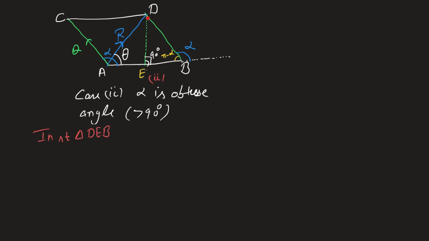So this right angle triangle DEB, this is pi minus alpha, this is 90. So this is the hypotenuse. If I find two ratios, the first is ED upon hypotenuse DB, which is equal to sine of the angle, and the angle is pi minus alpha.